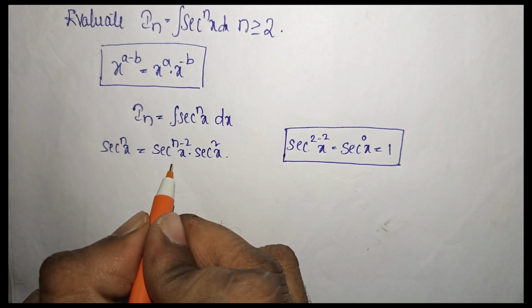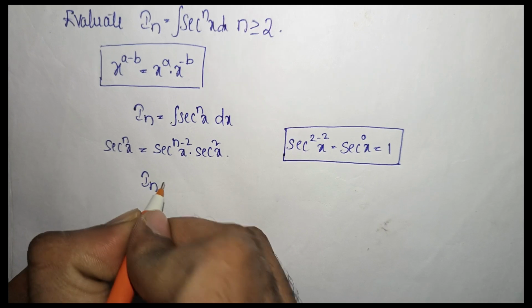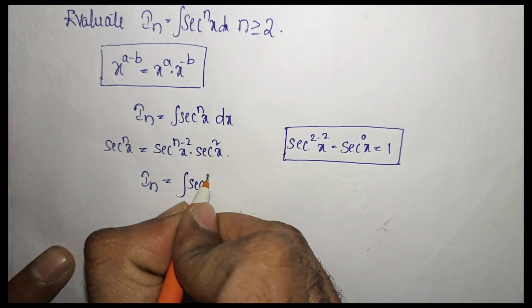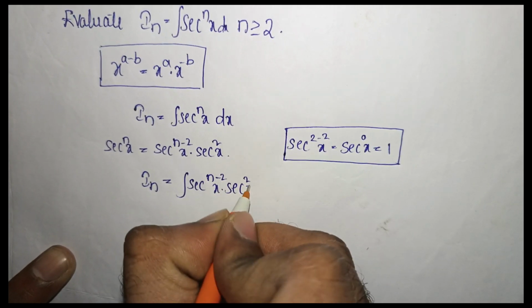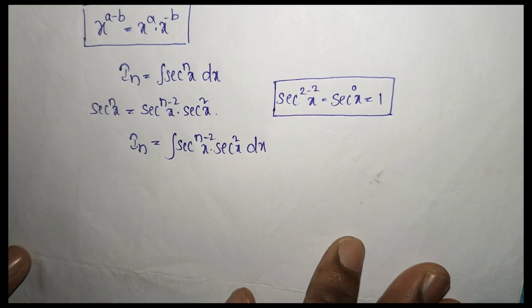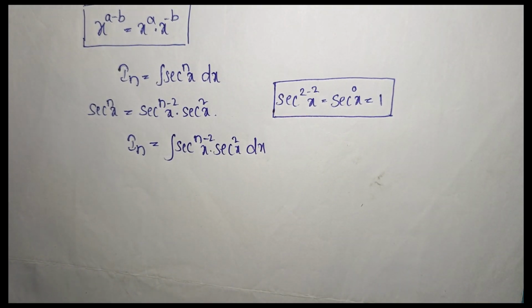Got it? So the next step is I_n equals the integral of secant to the power of n minus 2 x into secant square x dx. We have just added and subtracted the powers, in a very simple way.